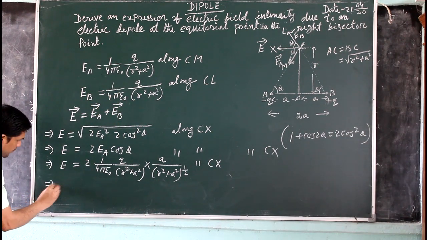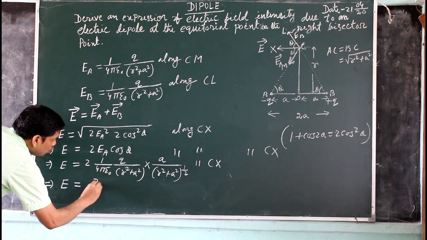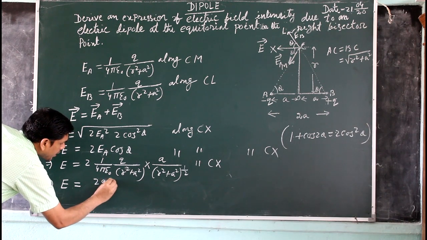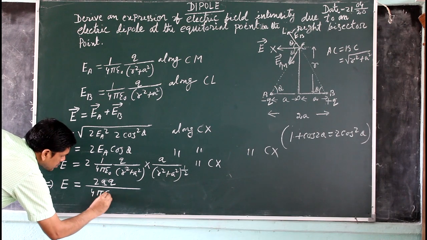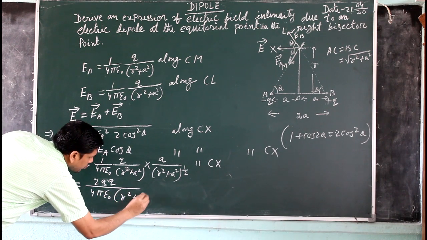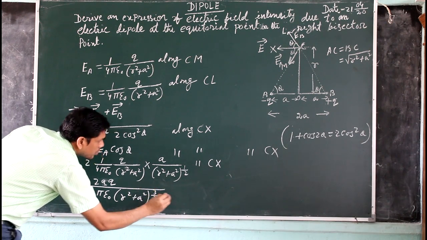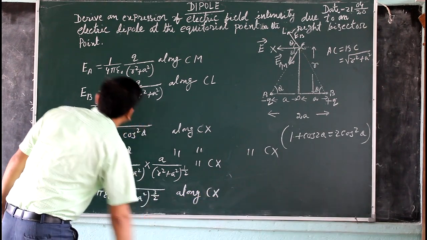So therefore E equals 2aq by 4 pi epsilon naught, r square plus a square whole to the power 3 by 2, along CX.